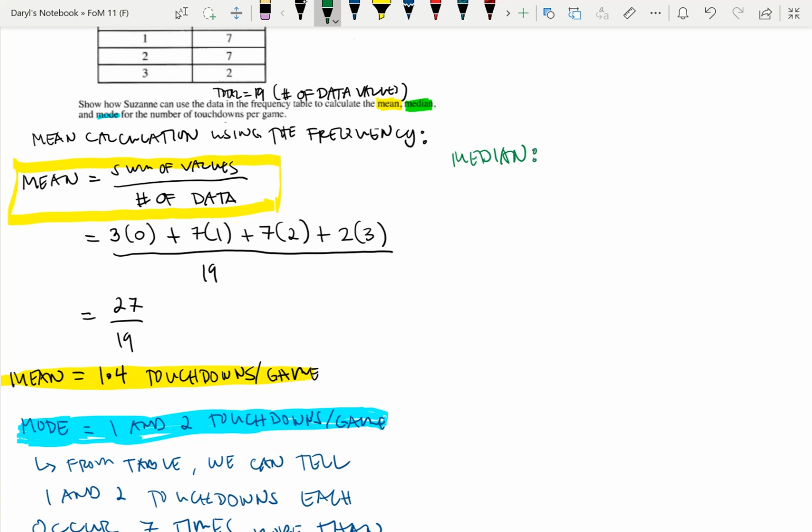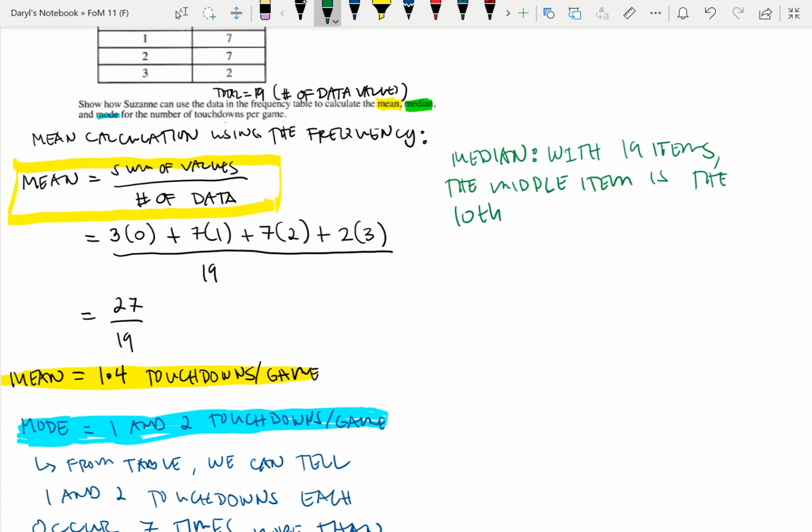I will take note that I have 19 items. The middle item is the 10th.